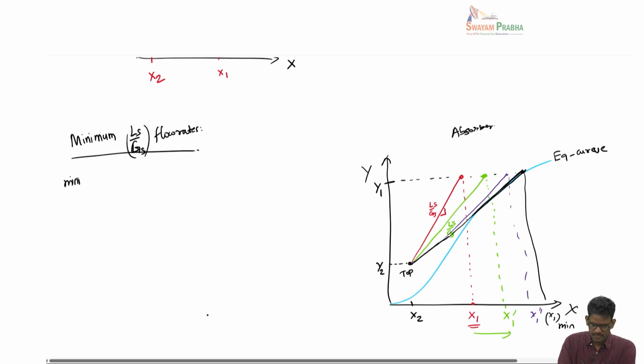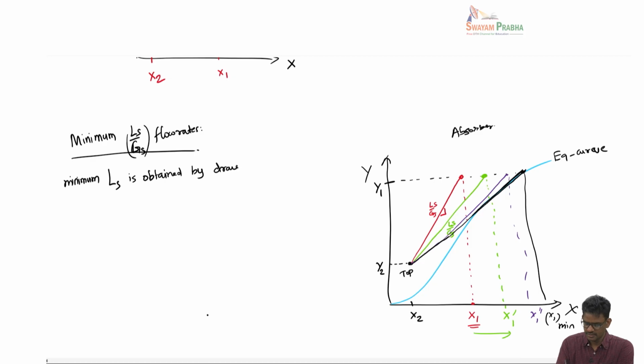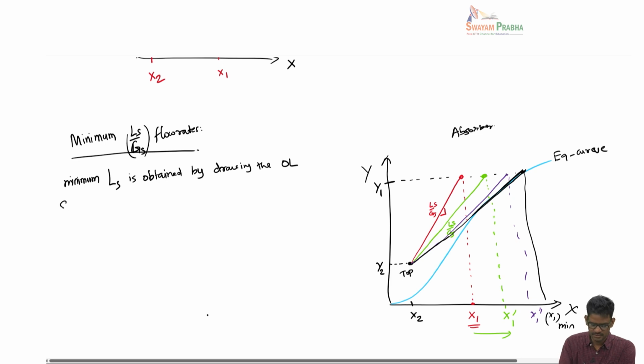So minimum Ls is obtained by drawing the operating line in such a way that it touches the equilibrium line.